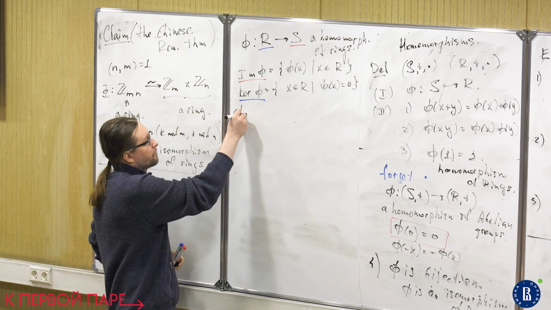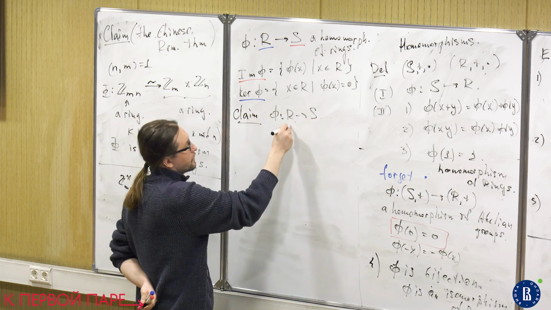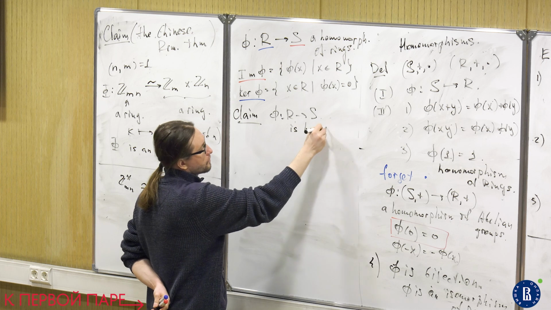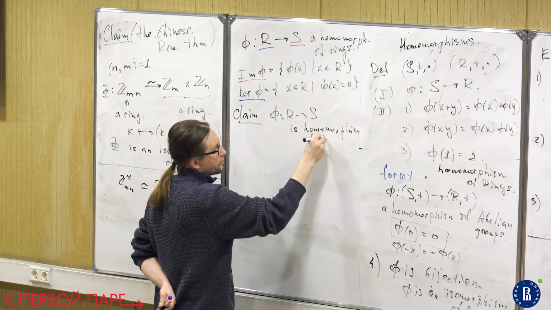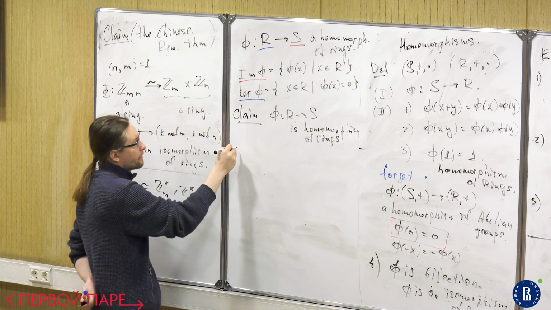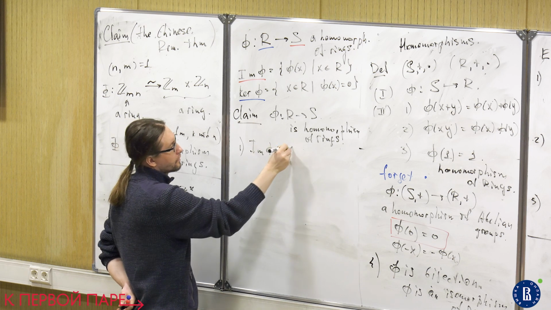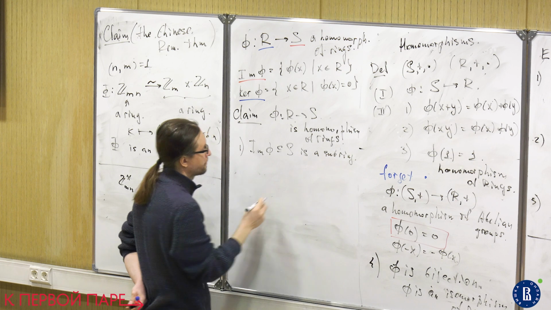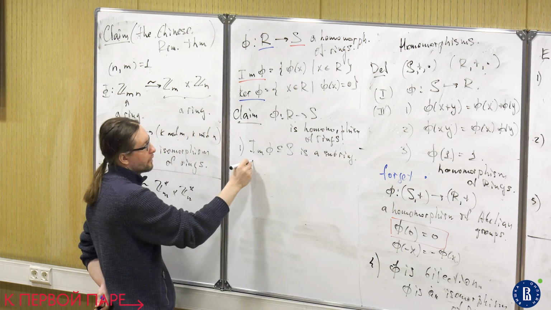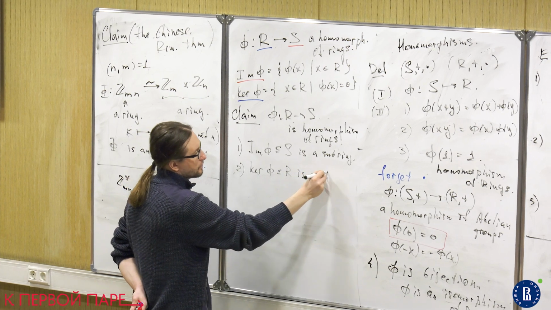So the claim: if phi from R to S is a homomorphism of rings, then first, the image of phi in S is a subring. Second, the kernel of phi in R is an ideal.